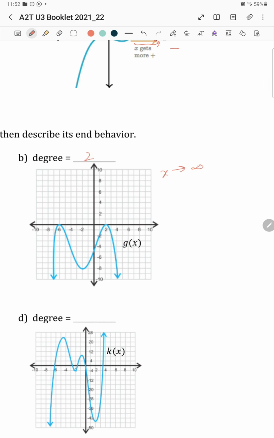X approaches positive infinity, g of x approaches negative infinity over here. X approaches negative infinity, g of x approaches negative infinity.